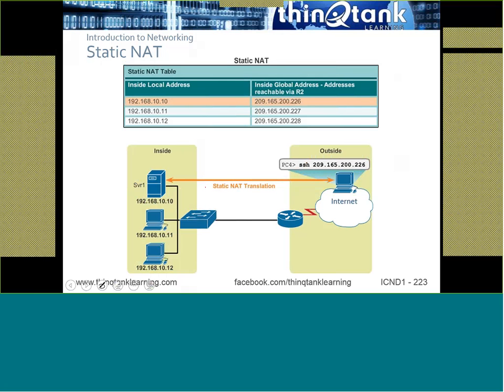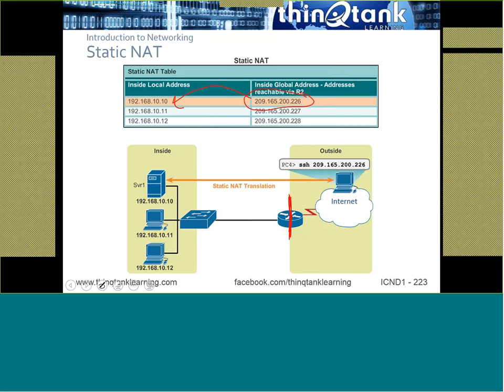So on our router here, we would set up a policy that says, okay, let's go ahead and establish that the 209.165.200.226 address always gets translated to 10.10. So when the person on the internet wants to connect to that server, they don't use the 192.168.10.10 address. They use the 209.165.200.226 address.